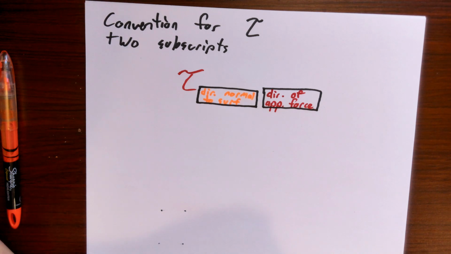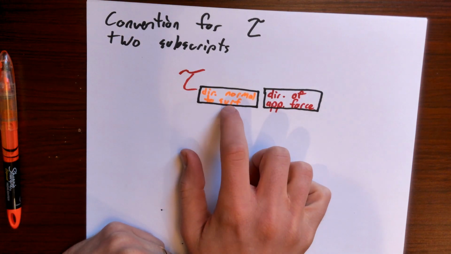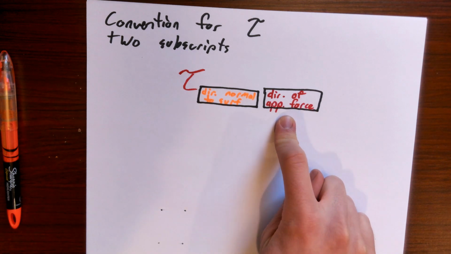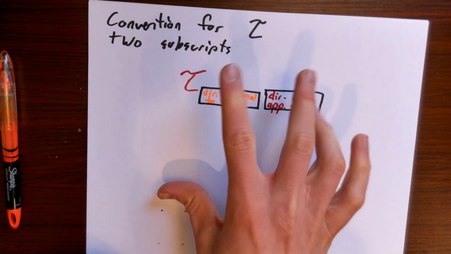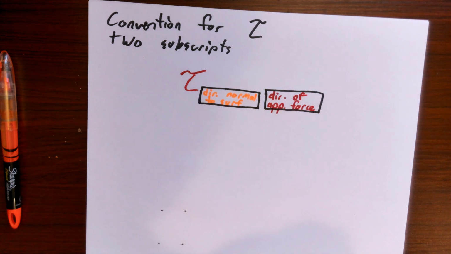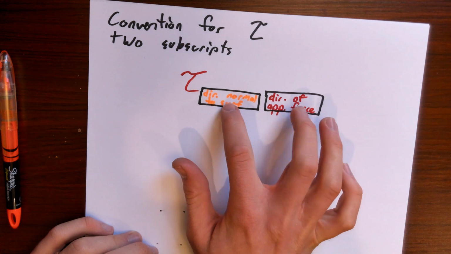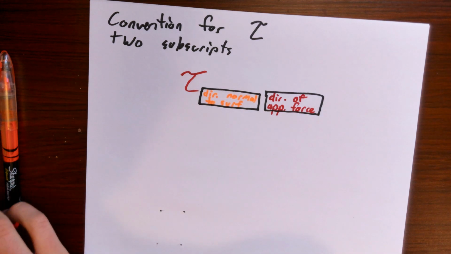So there we have it: the first subscript is a direction normal to the surface, the second subscript is a direction of our applied force. And I'll show a little bit in just a minute what exactly we might put in these subscripts to help define those things.